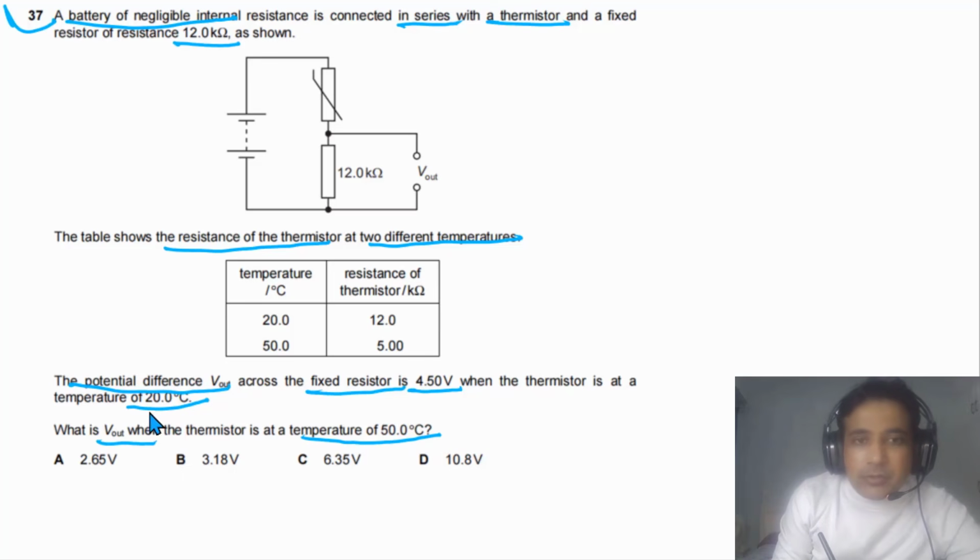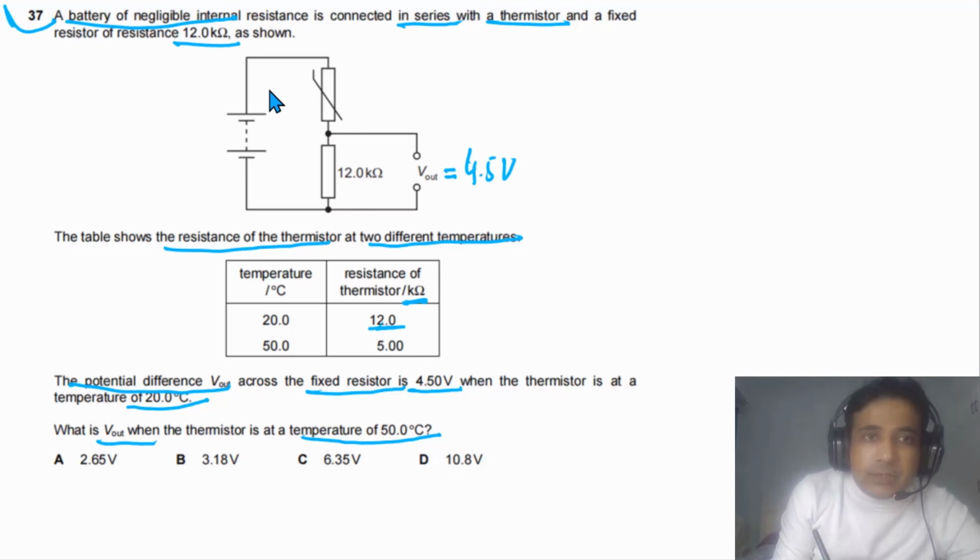So when the thermistor is at a temperature of 20 degrees Celsius, the resistance of thermistor is given, that is equal to 12.0 kilo ohms. Meaning at 20 degrees Celsius, the resistance of this thermistor is the same as resistance of fixed resistor. For this one it is given to us that V out is equal to 4.5 volts.